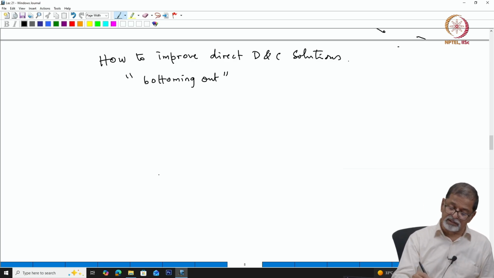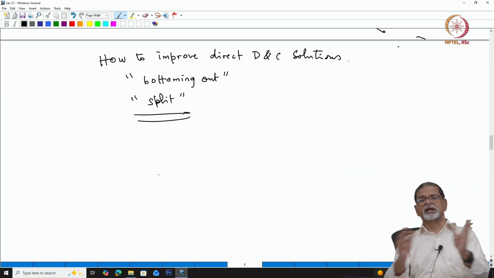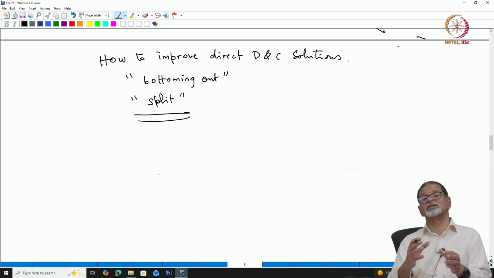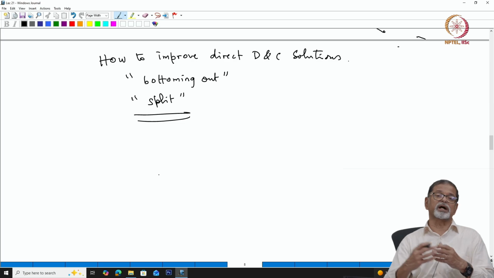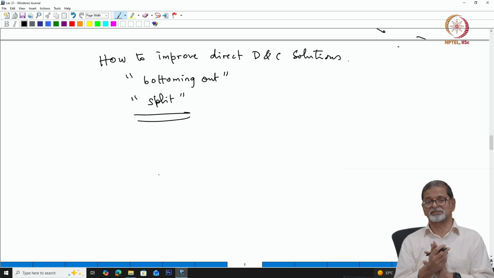The second one is split. How do you split? Should you always split equally, floor n by 2, ceil n by 2? Not necessarily. There may be several other ways in which splitting could be advantageous for you. So, you should explore the possibility of splitting wisely.